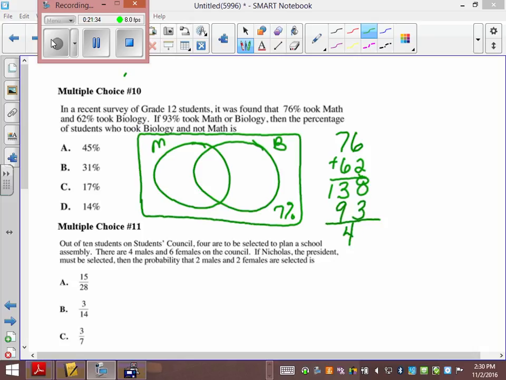So if I subtract 93, then there's 45 that are overlapped. So I have 45% in here. Math is 76 total. So that's 21% just math. Bio is 62% total. So that's 17. So bio and not math, 17.